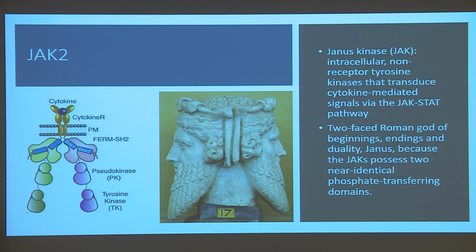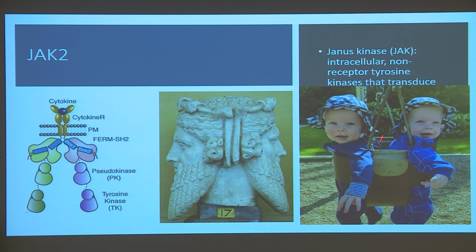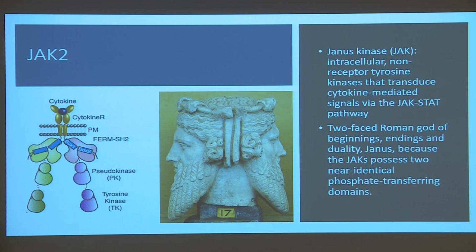I personally think that my twin boys are a good double-faced representation, so maybe this could be called twin kinase. The other thing we get from the name Janus, who is, among other things, Roman god of beginnings, is the word January. That's where January comes from, Janus.